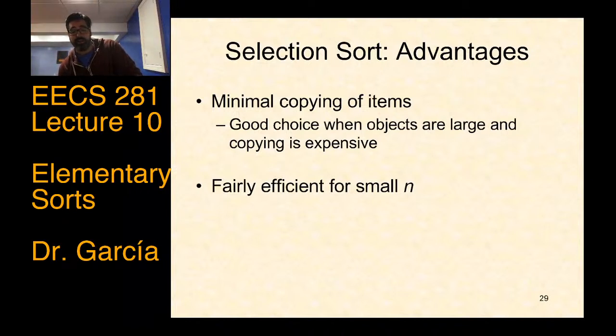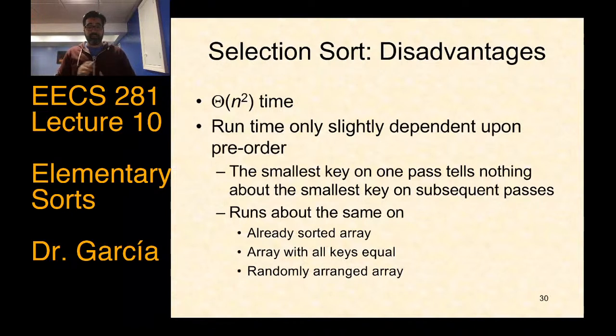If the array is small enough, it actually performs quite fast, right? Of course, that's just a note after the fact, because what we're usually interested in terms of complexity is large n. But it is fair to say that for small n, it does behave in a fast manner. Now disadvantages: still O of n squared time, theta n squared time.